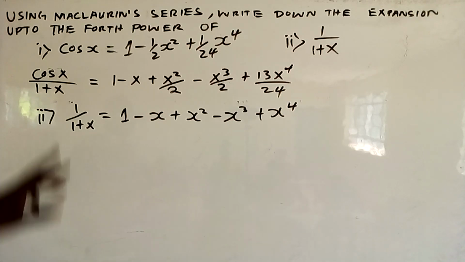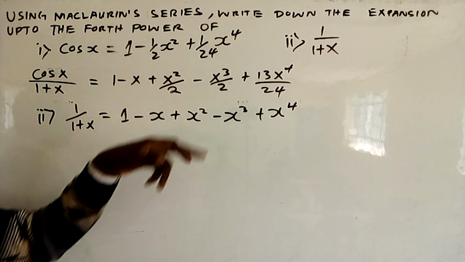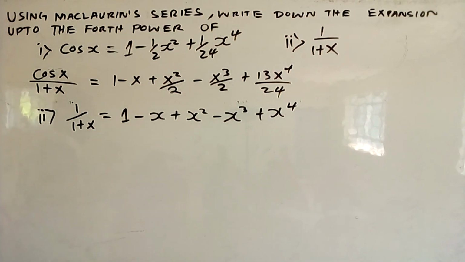So we found the expansion of cos x, which was Roman 1, in Maclaurin series to be this, isn't it? We found the expansion of 1 over 1 plus x in Maclaurin series, which is that.